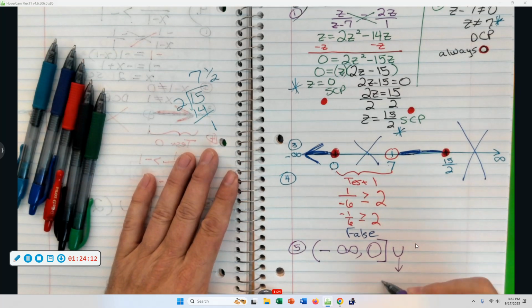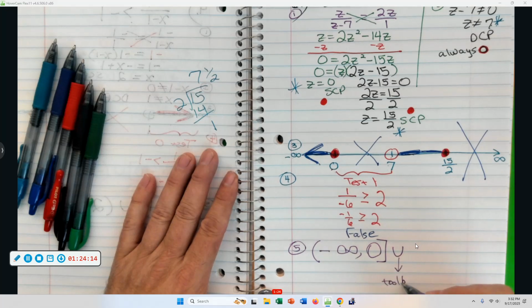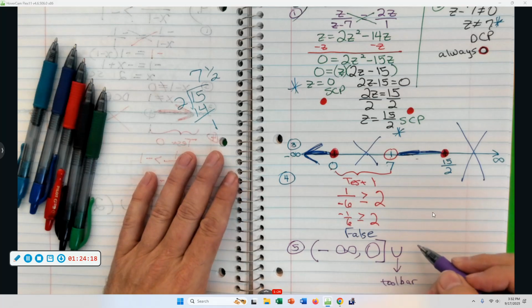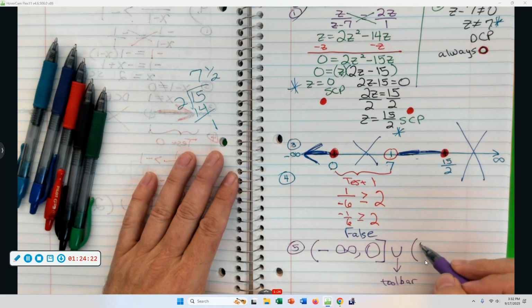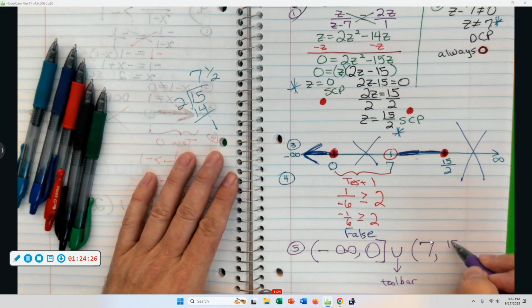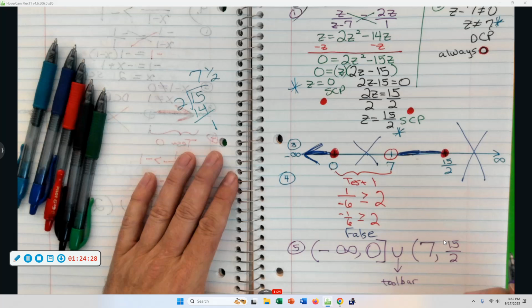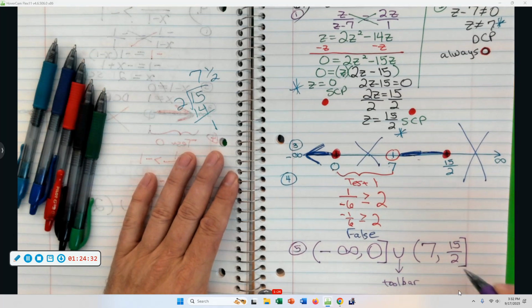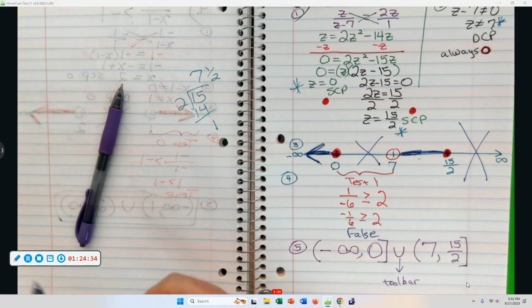That is the U symbol from the toolbar. Okay, the next interval, what am I going to type first? Parentheses, 7, comma, 15 over 2. And what's going to go after the 15 over 2? The bracket. I want to see you just think about it and get that answer.